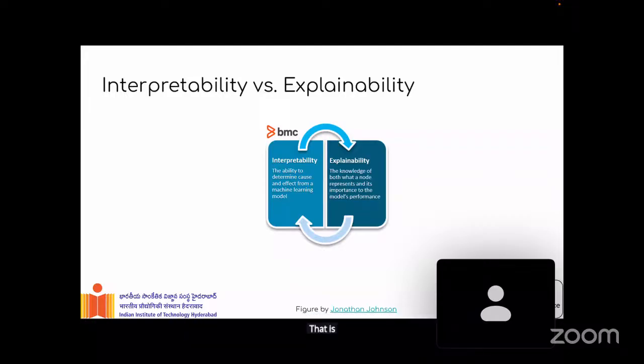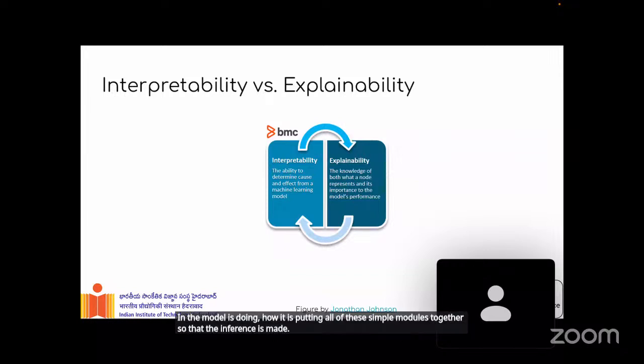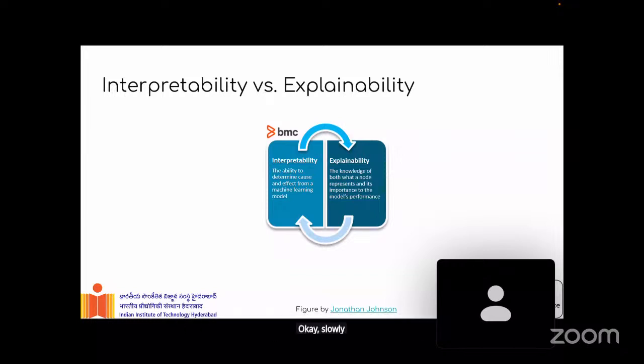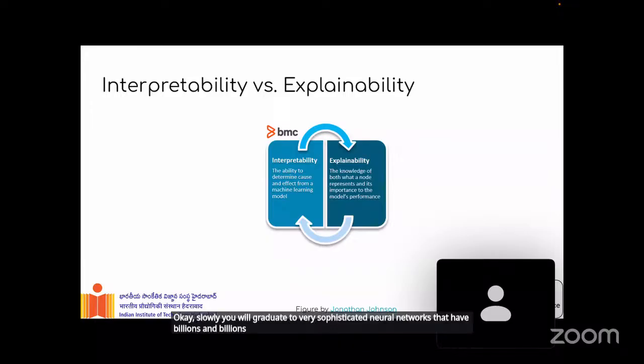What is the cause? What is the effect? That is interpretability. But if you are a developer, you want to understand what each node or module in the model is doing, how it is putting all of these simple modules together so that the inference is made. Slowly you will graduate to very sophisticated neural networks that have billions of parameters.